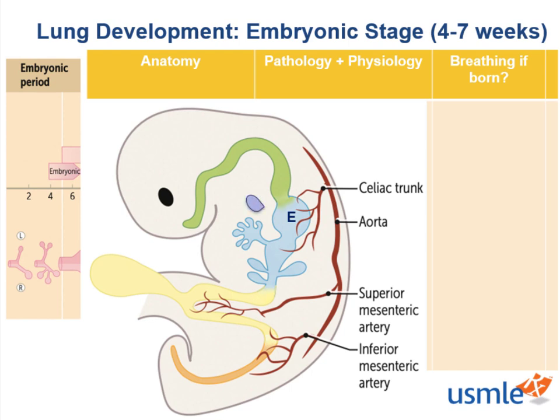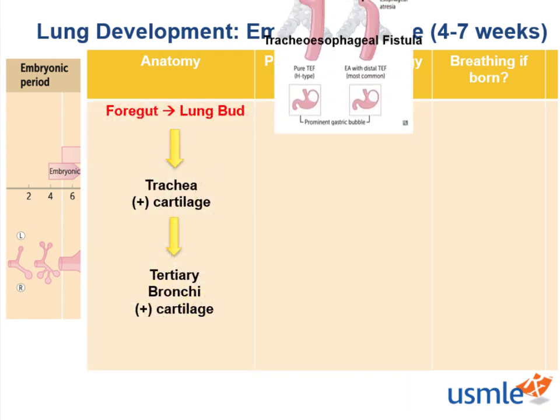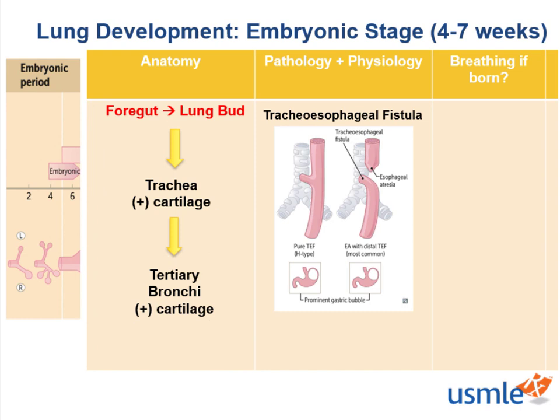If the septum does not divide the lung bud, which branches off the embryonic foregut where the esophagus develops, properly, we get pathology called a tracheoesophageal fistula, as you can see in this image.